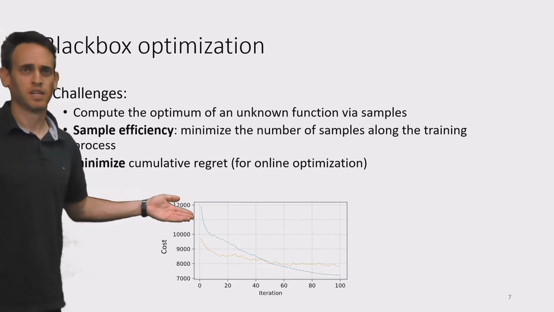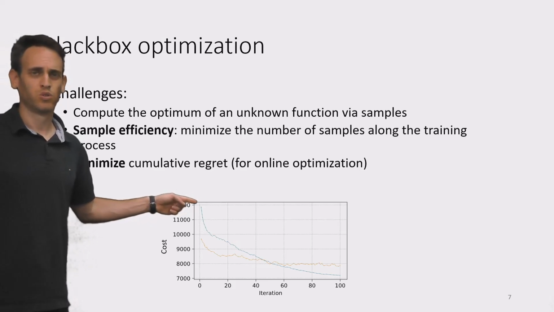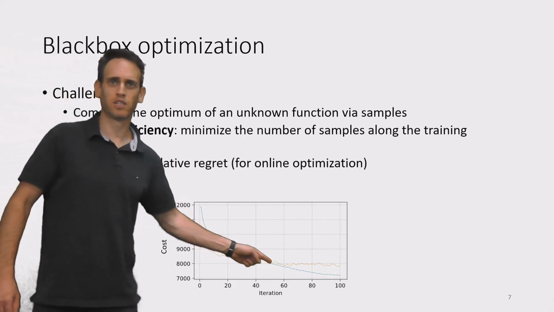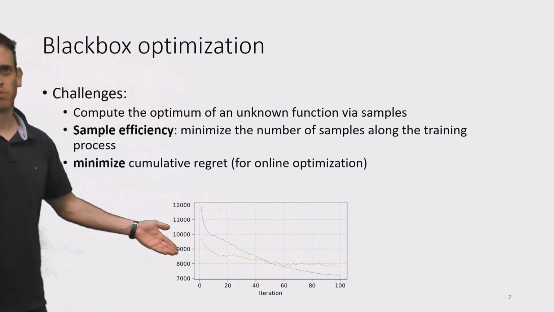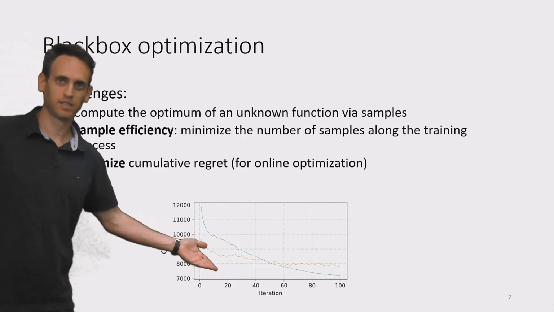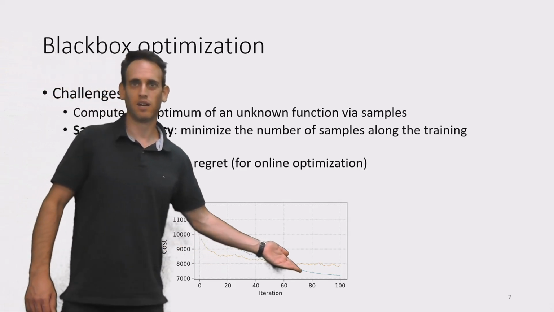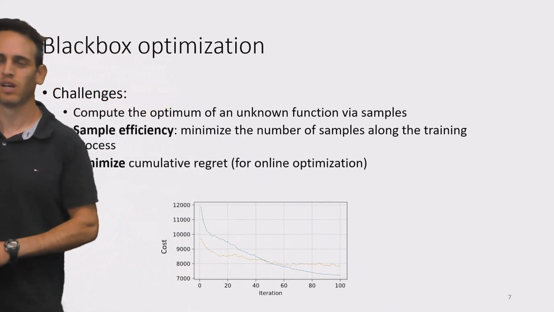But right, it depends on the domain. In one domain, maybe you're willing to learn slower initially, as long as you get to very good performance after many iterations. While in another domain, you'd like to perform very well quickly, and you care less how fast you reach the asymptotic optimum.